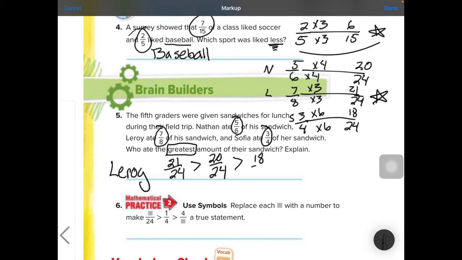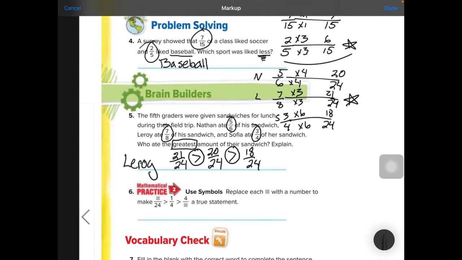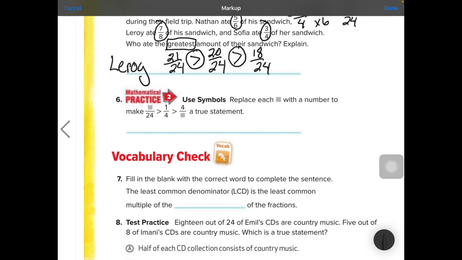But Nathan's was greater than Sophia, which was 18/24. I like to put little circles around these. Okay, that is what your answer needs to look like. Good job, guys.